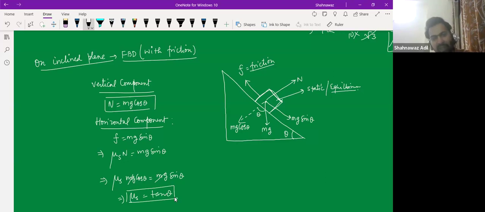So this is the coefficient of friction for the block kept on this inclined plane. Quickly write this down, and depending upon these we'll solve all the questions. Whenever you have noted it, please tell me.